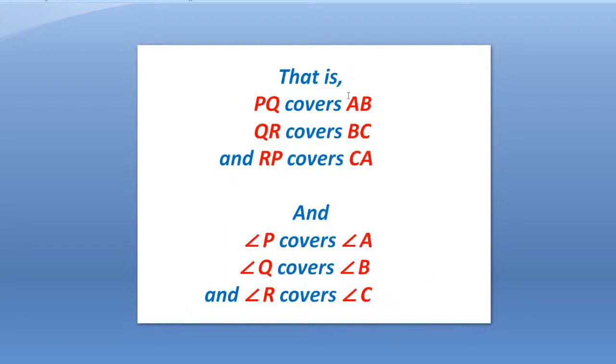That is, side PQ covers AB, QR covers BC, and RP covers CA, and angle P covers angle A, angle Q covers angle B, and angle R covers angle C.